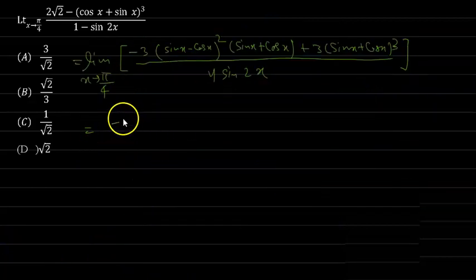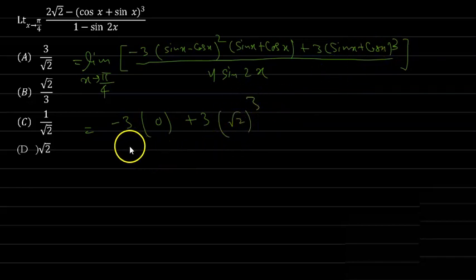Now on putting the limit, we will get minus 3 times (sin pi by 4 minus cos pi by 4). The values of sin and cos at pi by 4 are the same, so this will be 0, so the whole term will be 0. So this will be 0 plus 3, and it is (sin pi by 4 plus cos pi by 4), that means 1 by root 2 plus 1 by root 2, that is 2 by root 2, that is root 2, cube, divided by 4 sin 2 multiplied by pi by 4, that is sin pi by 2.